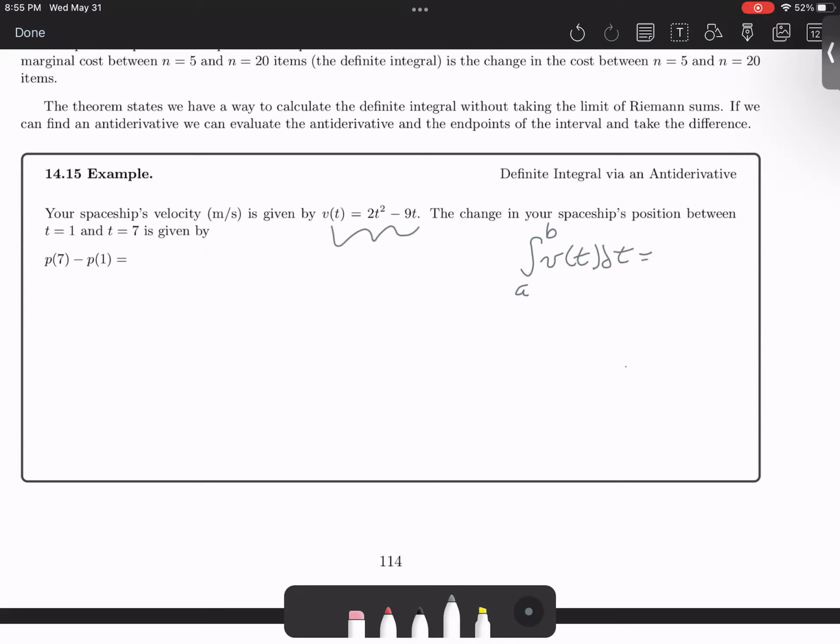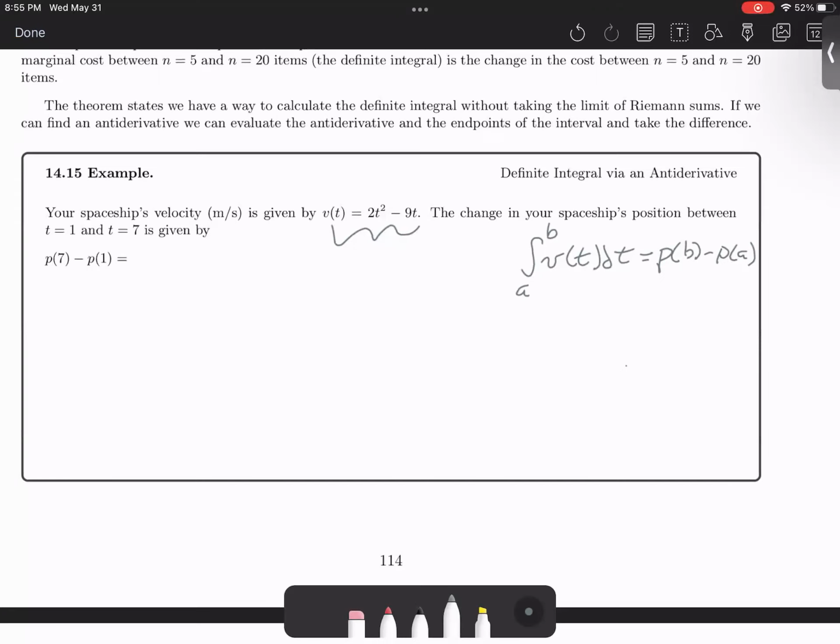The area underneath the rate is the change in the original function. So if I integrate my rate, I get a change in my position function. So that's what we want to do. We want to find the change in the position function by integrating the velocity curve as time travels from 1 to 7.